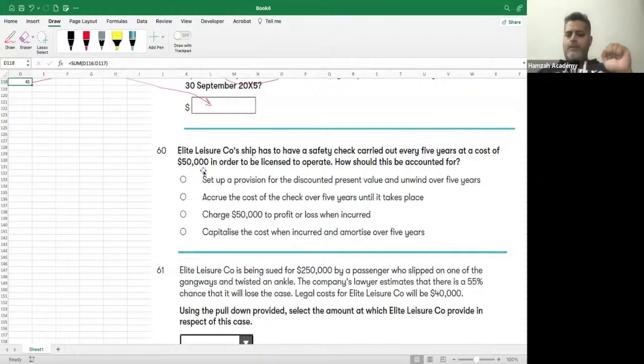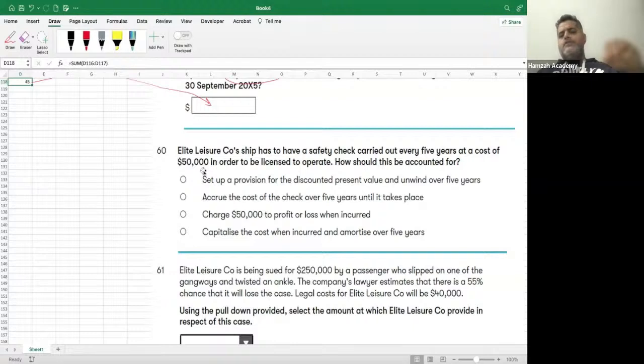Otherwise, you cannot record it, right? Now, this license cost, is it related to the past? Just read the statement again. Identify this 50,000 which you have to pay. Is it related to some past activity?